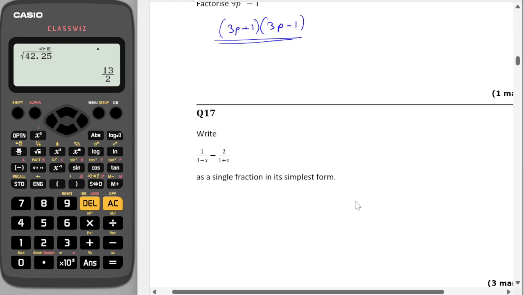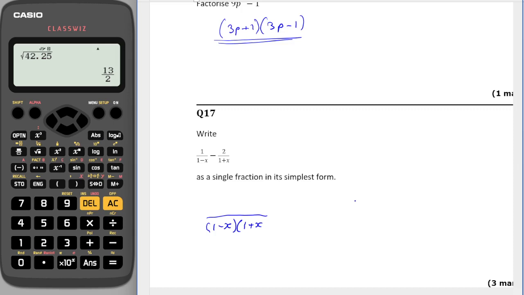Okay, question 17, write as a single fraction in its simplest form. So for this one, I want to put them over a common denominator. The common denominator is going to be 1 minus x times by 1 plus x. So that makes my numerator.